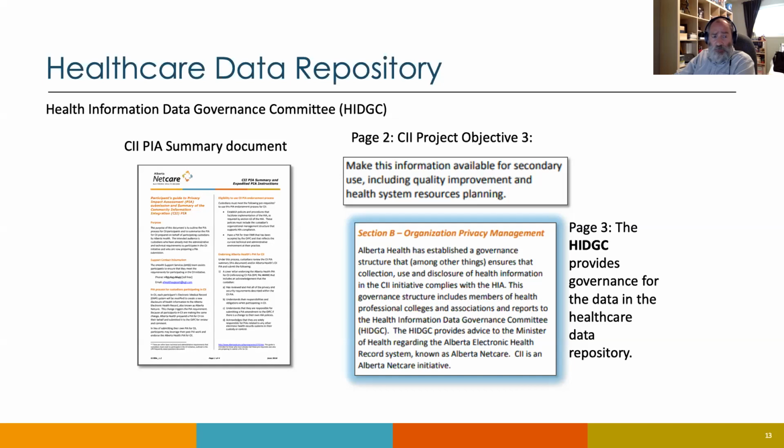And we have a document on the site, one of the privacy and security documents, the PIA summary document, that outlines the fact that there's governance for the group. It's a group called the Healthcare Information Data Governance Committee with representatives from across the spectrum. And they are responsible for deciding who gets to use the information and how it's used. It's not just available for anybody.